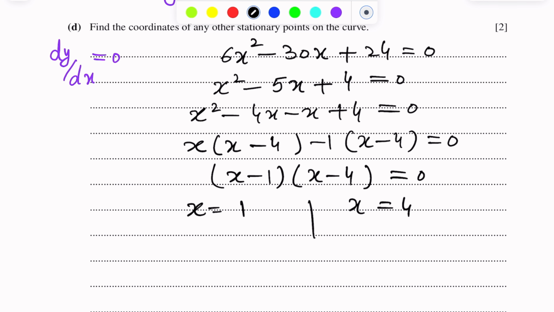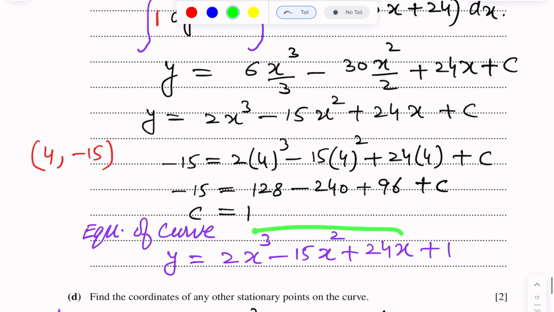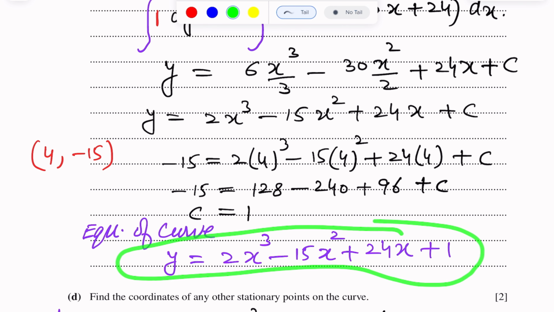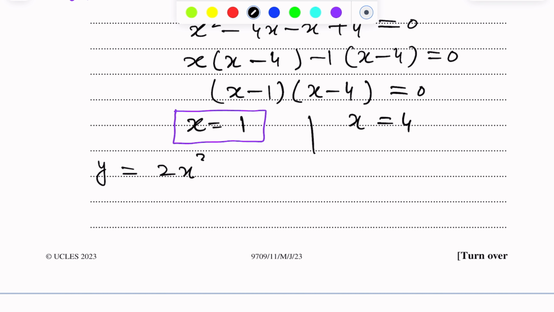So we put x is equal to 1 in the equation of the curve, which we found in part C: y is equal to 2x³ minus 15x² plus 24x plus 1.